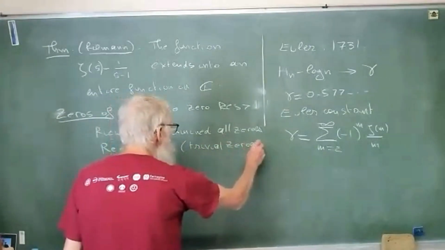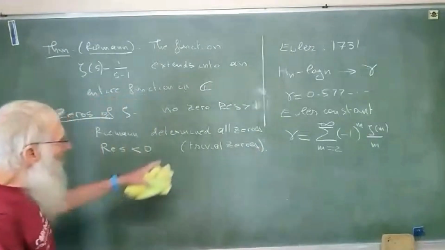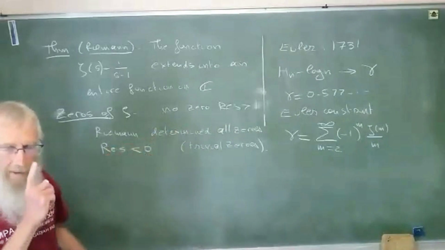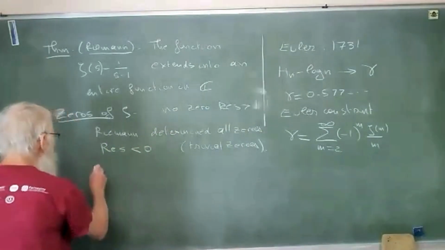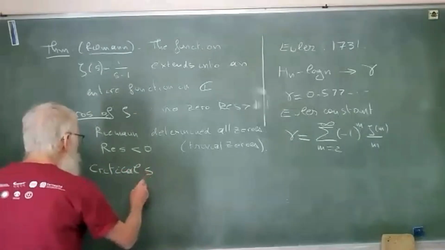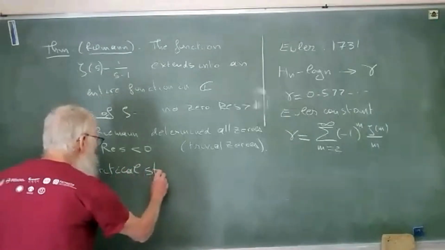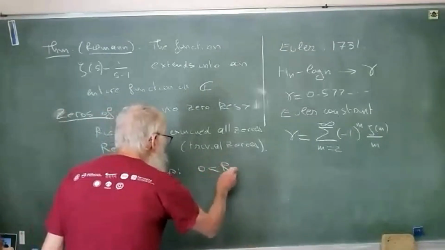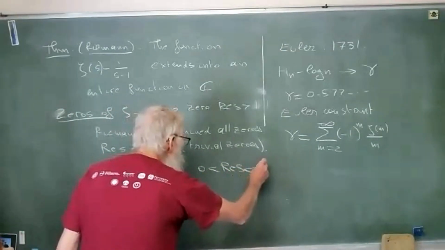And so you see that there is a gap between 0 and 1 for the real part. And this is called the critical strip. It is 0 less than the real part of s less than 1.